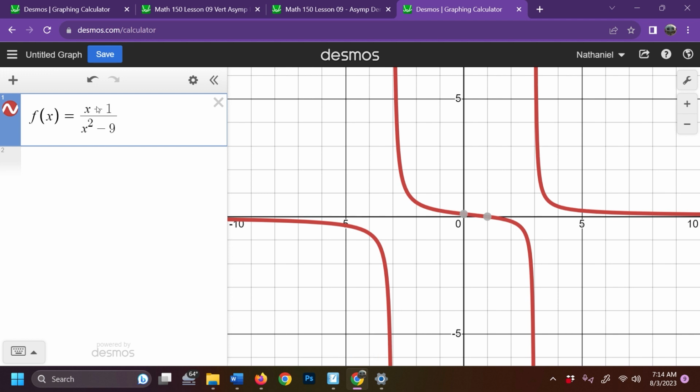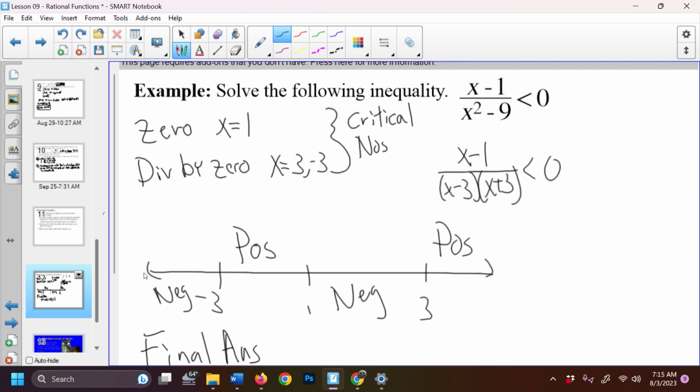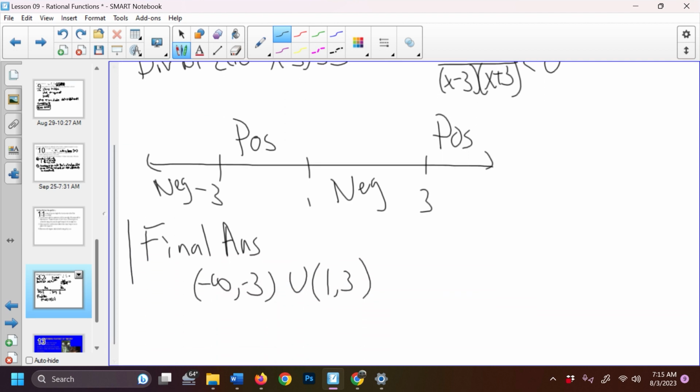And then from 1 until we get to positive 3, it's less than 0. Everywhere else, the function is above the x-axis, therefore it is positive, and we feel very confident about our final answer right here. Well, that's all I have for today, folks.